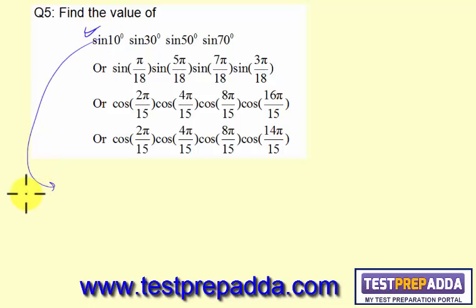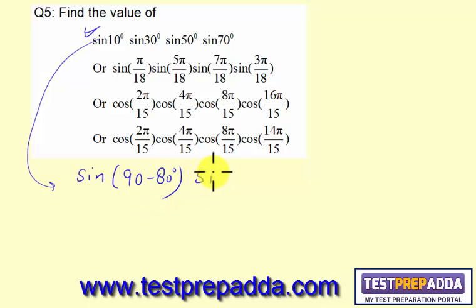Sin 10 degree, we don't know. Sin 50 degree, we don't know. Sin 70 degree, we don't know. So first we will use the complementary rule. I will write sin 10 degree as cos 80 degree, right?